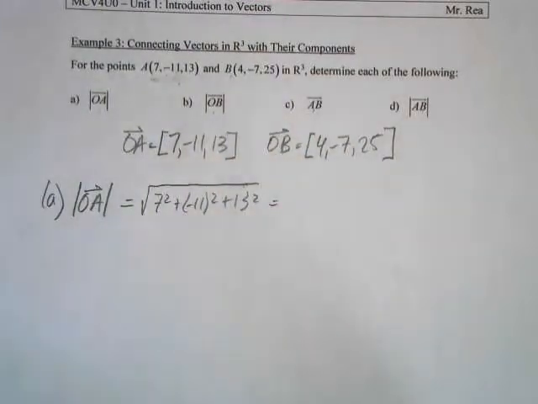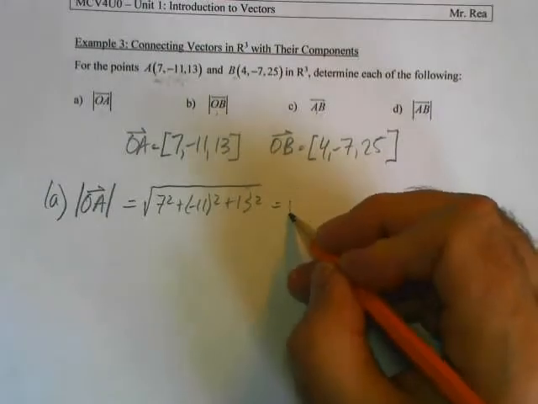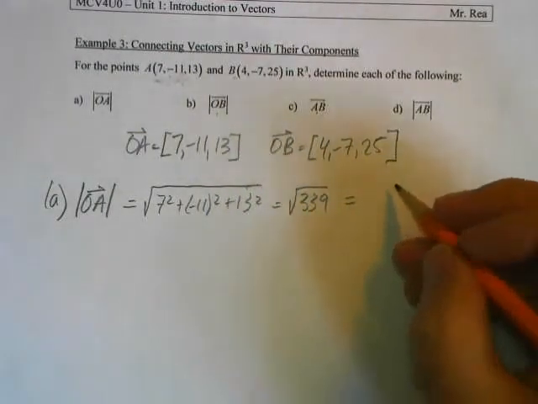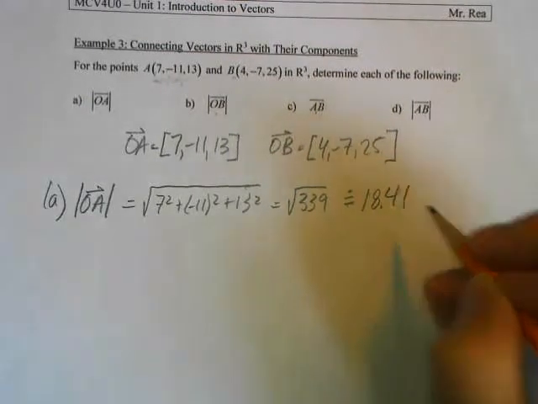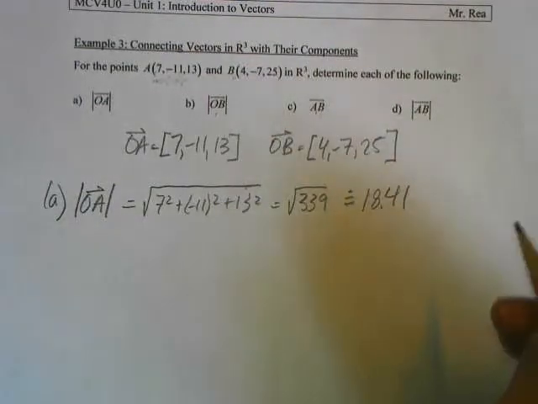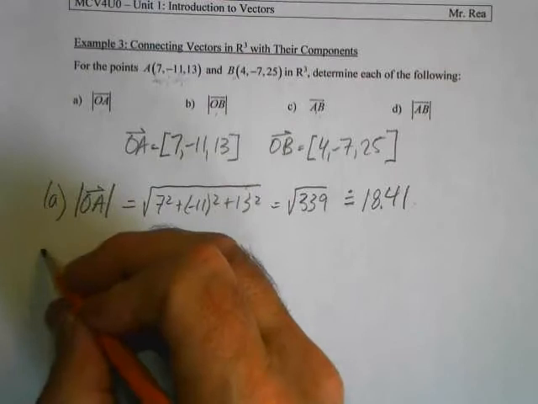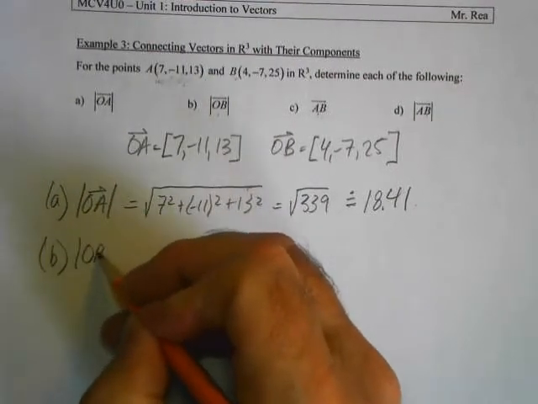If we square those and combine them, we get positive 339. Take the square root of that. Our approximate answer is 18.41. We don't know the units, but we leave it as a number or put units if we want. Just the word units.